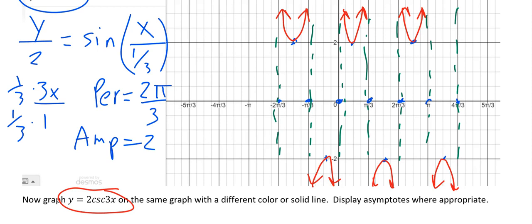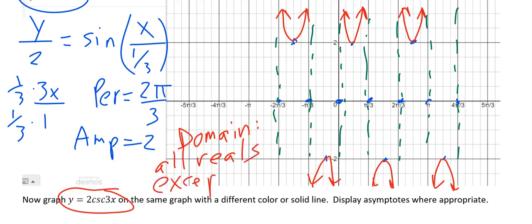We can ask you things like domain. What's the domain of this function? All reals except what? Every one of these: 0, pi over 3, 2 pi over 3, pi, 4 pi over 3, negative pi over 3, negative 2 pi over 3.